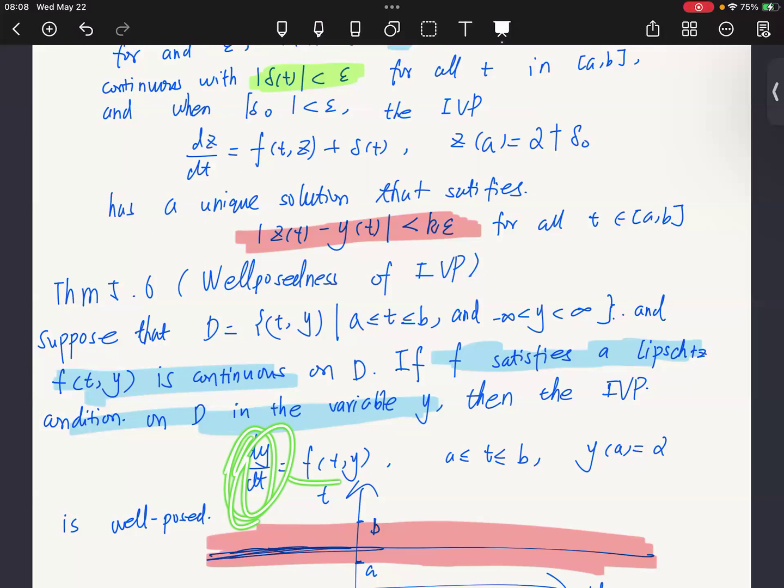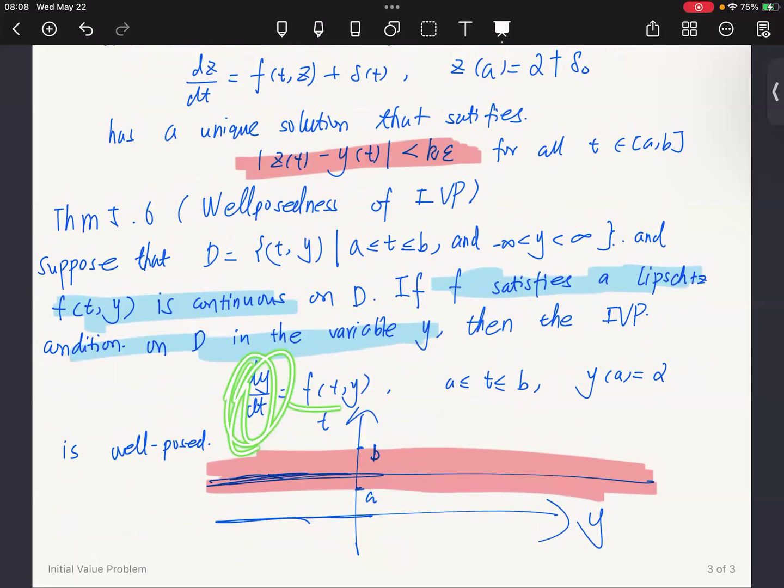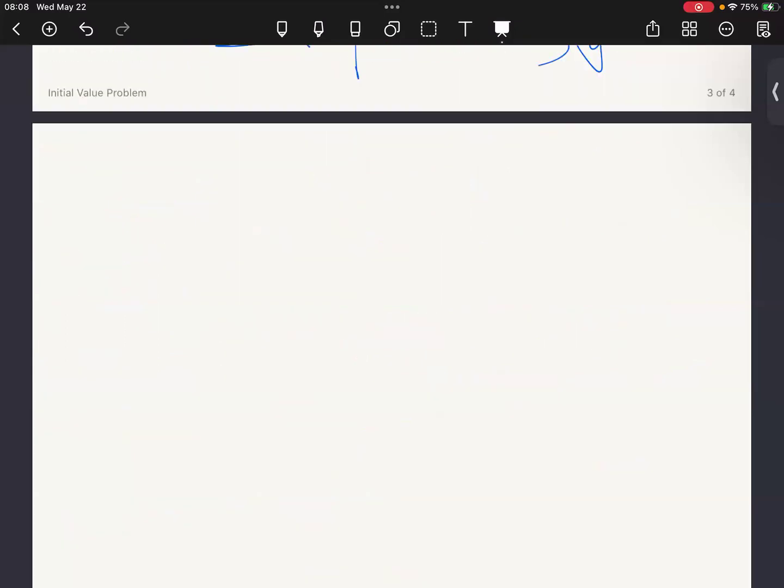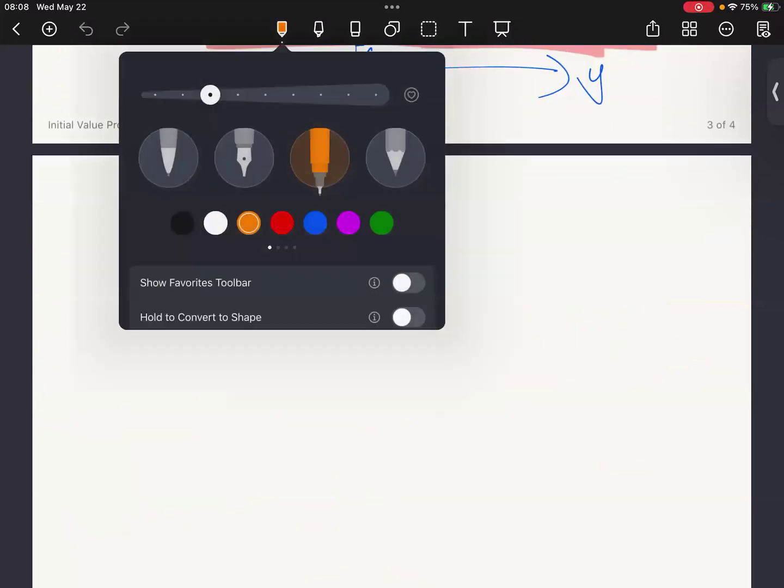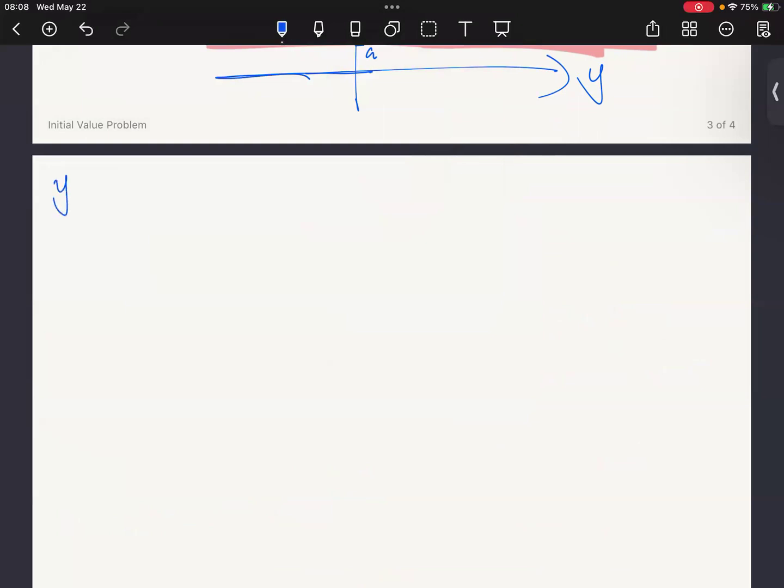For the first step, we are going to partition the whole domain into a mesh. Here the y function is a function of the variable t. This is a function with a single variable, and now what's the domain for t?